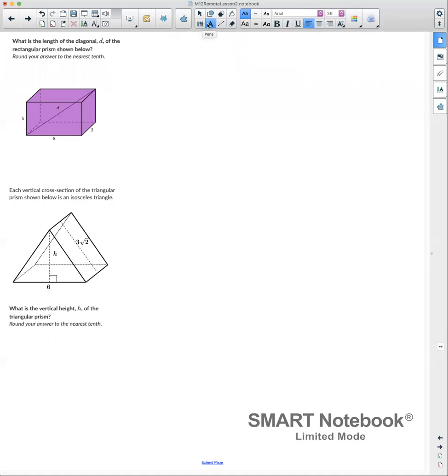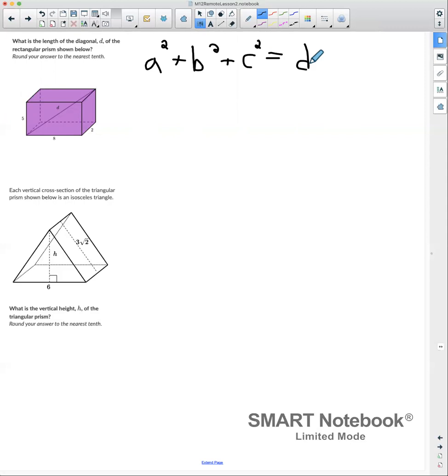But a little trick that I learned over the years to find this three-dimensional diagonal length is this formula. Let me start it the same way. It's going to be a squared plus b squared plus c squared, equal to d squared.